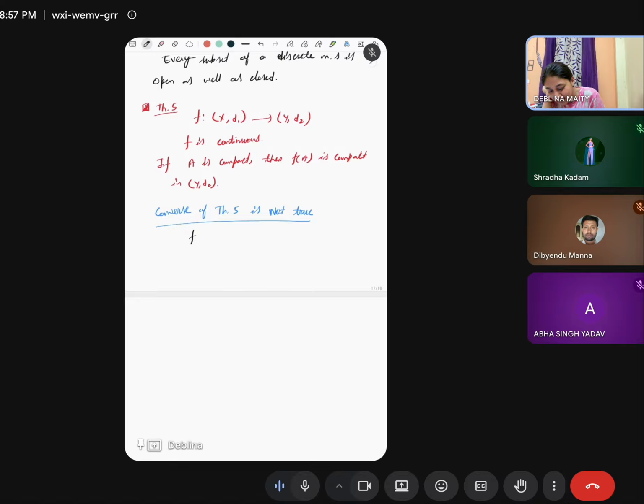So take f from R to R, where f(x) is 0 if x belongs to the rational numbers and 1 otherwise, meaning 1 if x is irrational. I am not choosing any metric here.